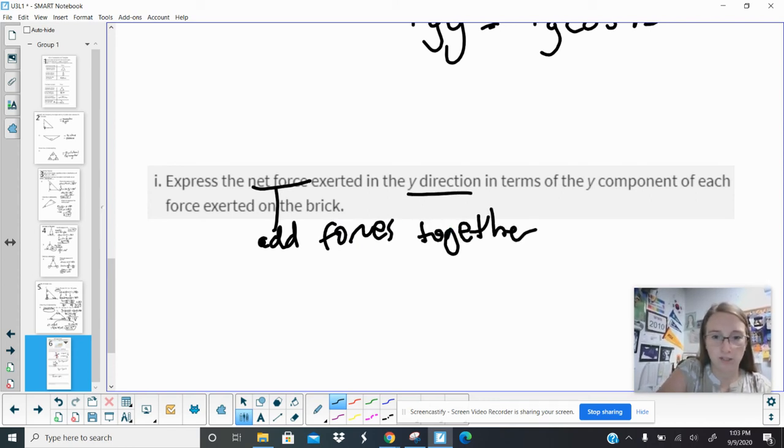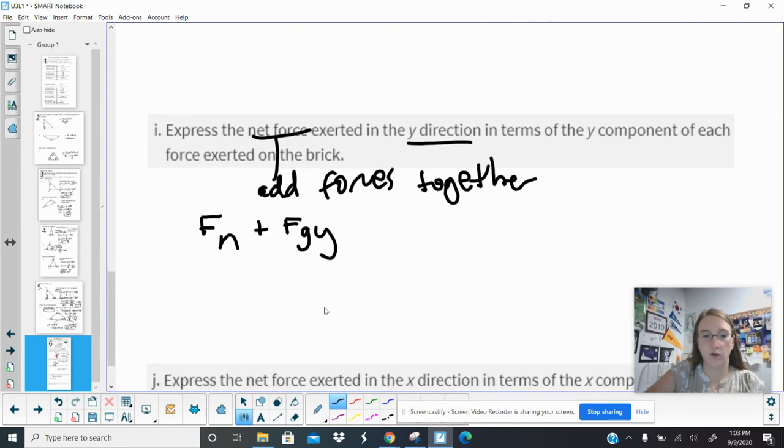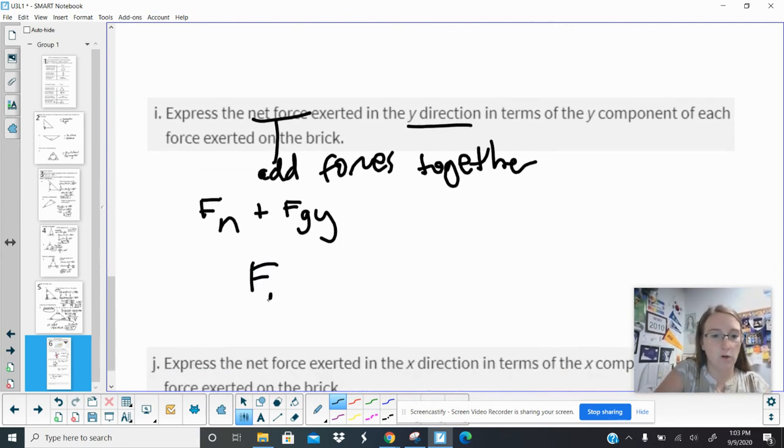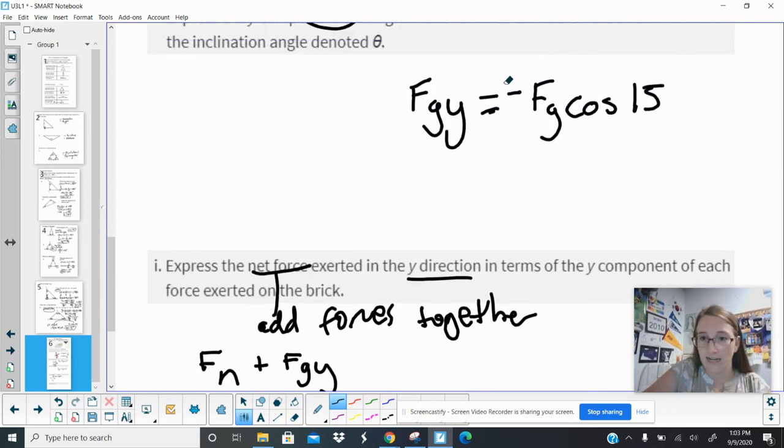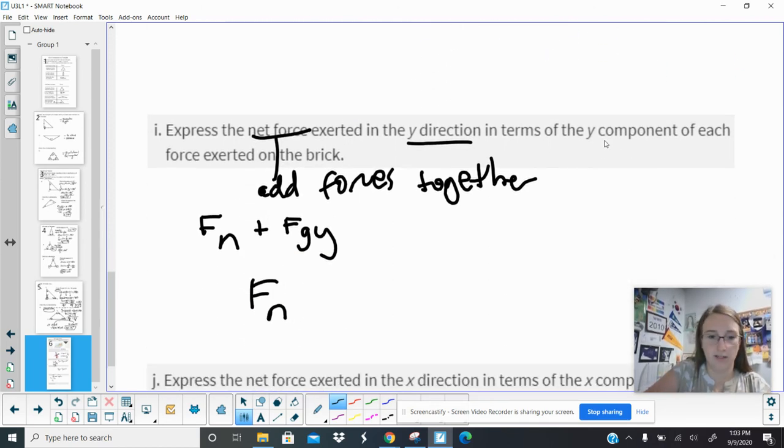So my y forces were the force normal plus the force of gravity in the y direction, right? So here's what I've got. Force normal is just force normal, but my y component is right here. That's my y component, minus the force of gravity times cosine 15.